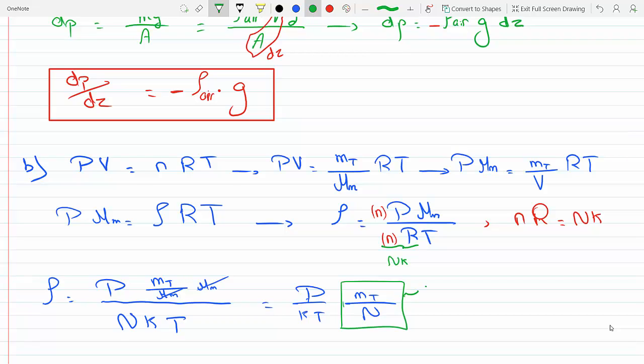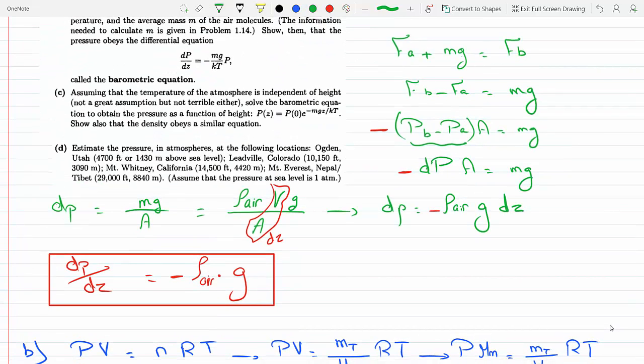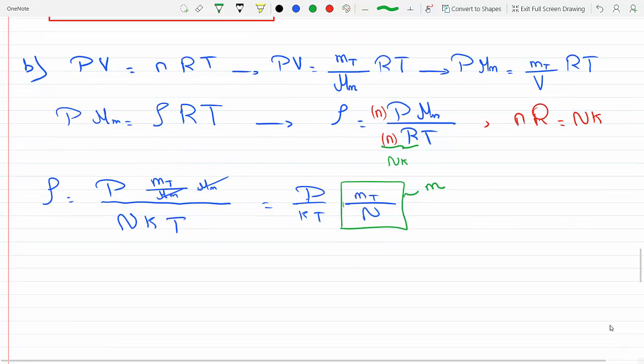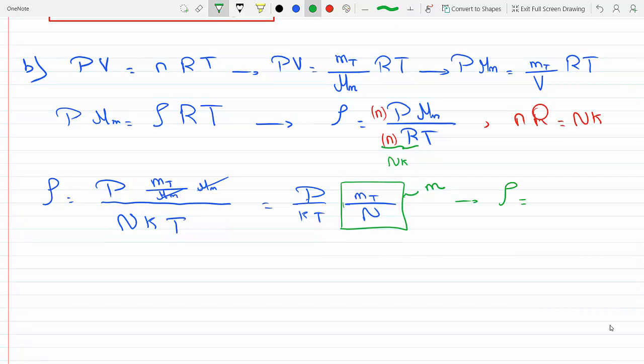So we will call this small m, as the question is saying. This is the average mass of an air molecule.